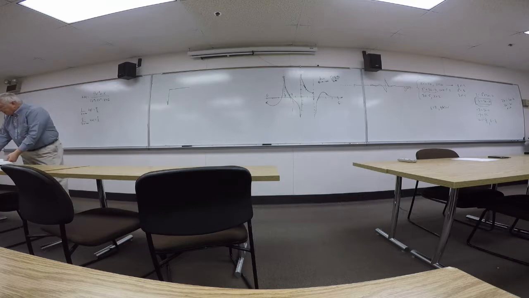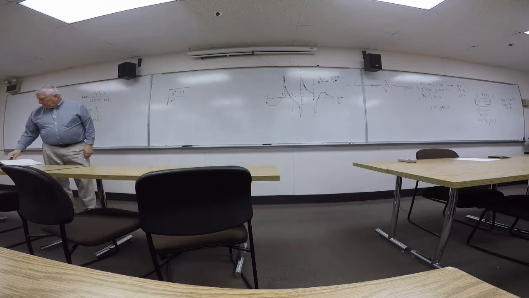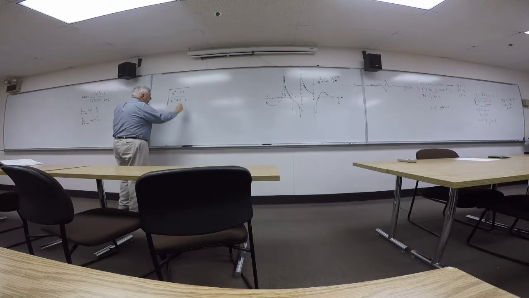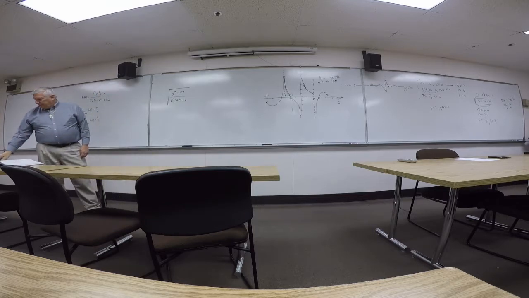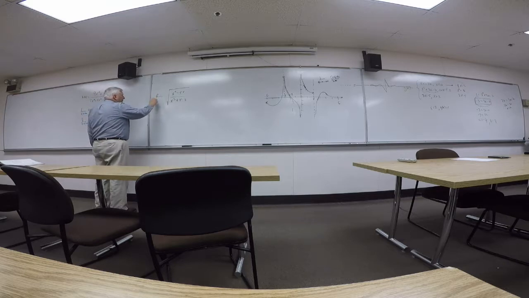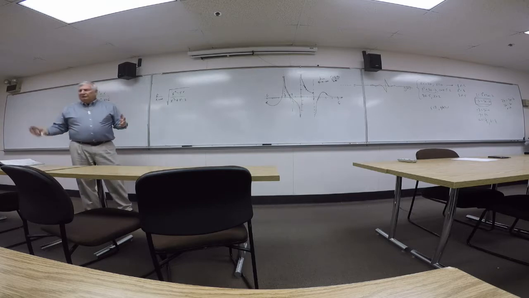X squared minus 5x over x cubed plus x minus 2. We want to know the limit of this thing as x increases without bound. Well, let's disregard the square root for a moment. Well, maybe not. We need to speak to it.